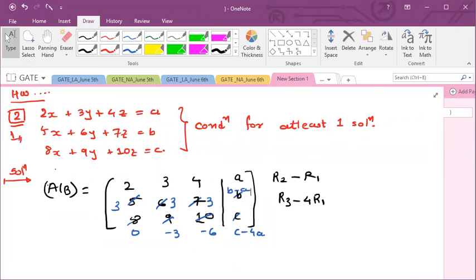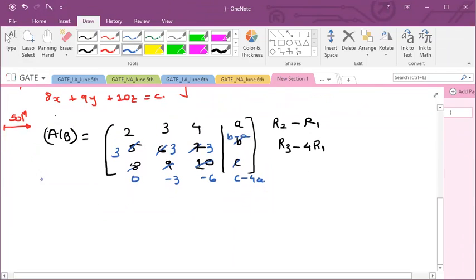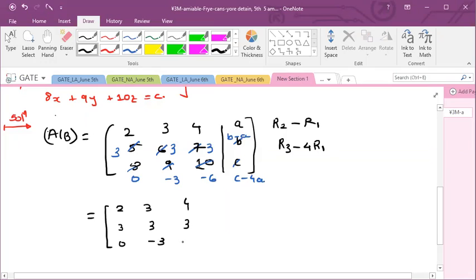Now let us try to make R2's first element 0. Think which process can be done. Now we are having 2, 3, 0, then 3, 3, minus 3, 4, 3, minus 6, then A, B minus A, C minus 4A.